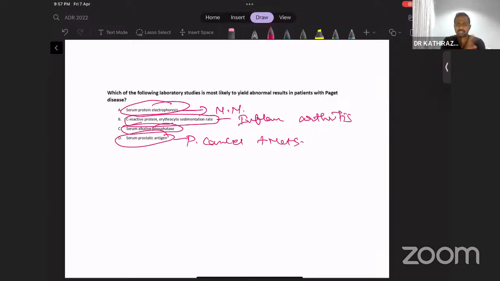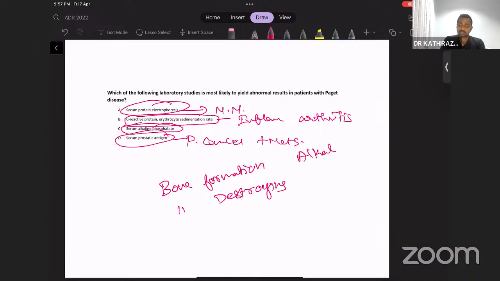So this is an easy question. But you should understand, Paget's is not only a bone forming condition, because serum alkaline phosphatase indicates active bone formation. It is also a bone destroying condition. So it is positive not only for alkaline phosphatase, but also for acid phosphatase.